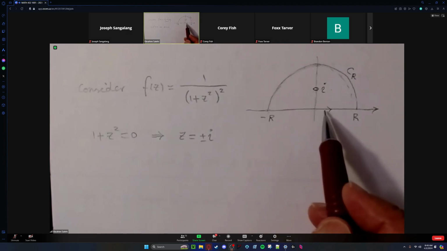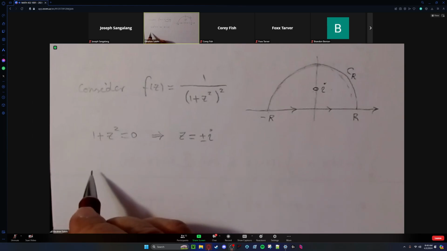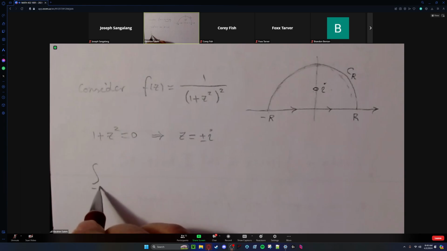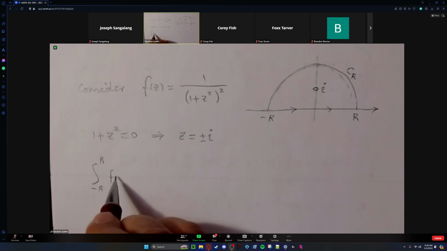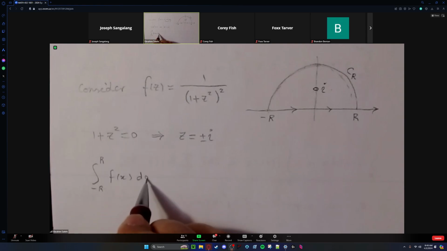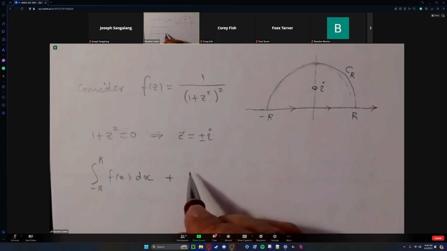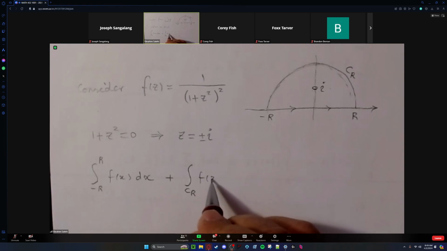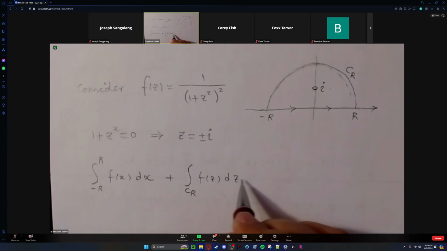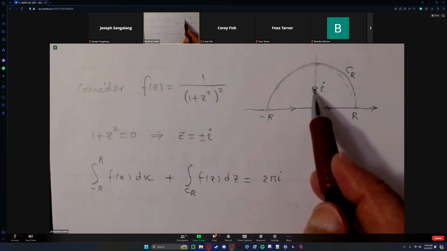So the equation that I gave you earlier is this. Going from negative R to R counterclockwise over that closed curve: the integral from negative R to R of f of x dx, plus the integral going on that semicircle, called CR, of f of z dz, is going to be 2 pi i times the residue at this i.